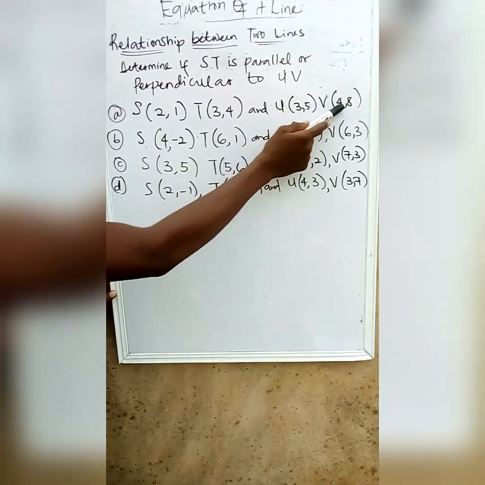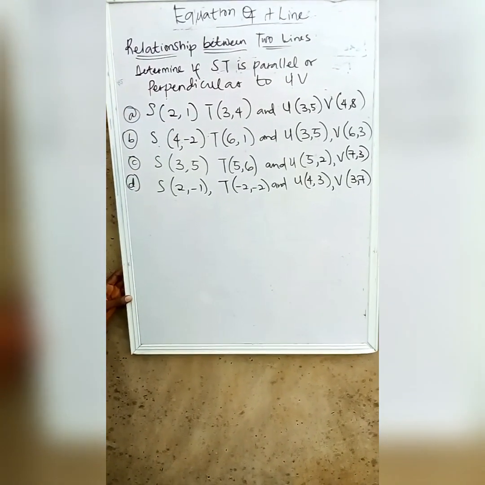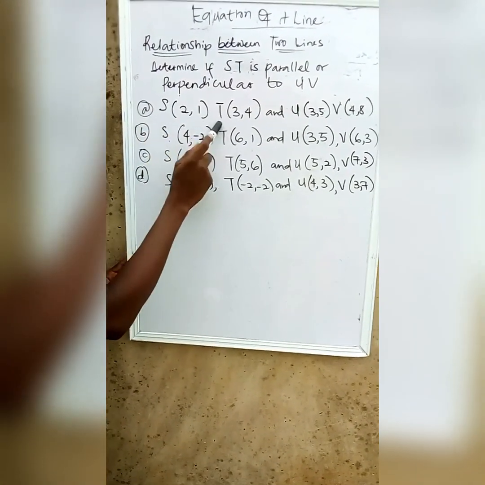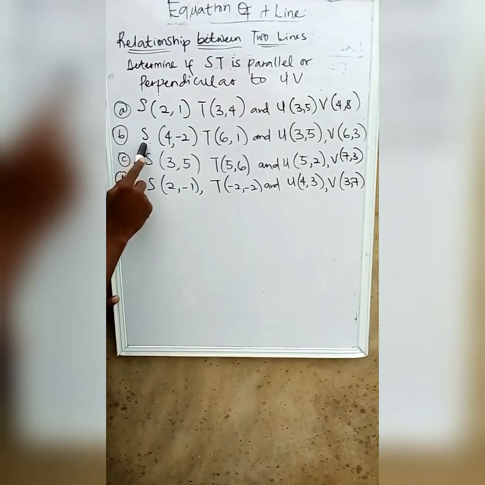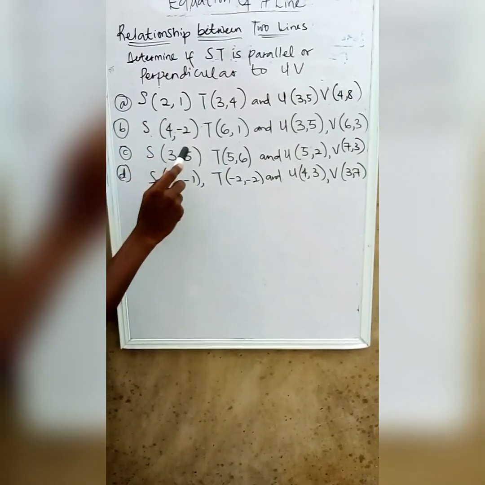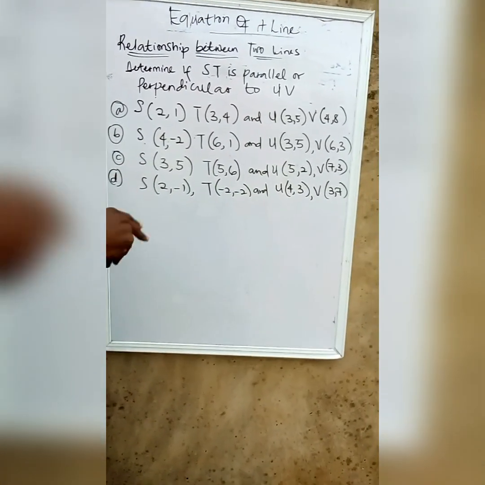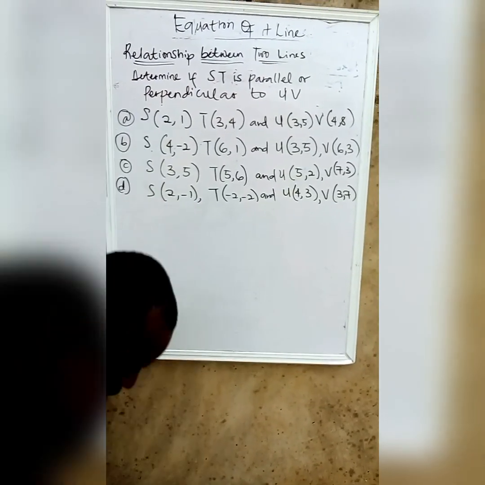Don't forget, the relationship between two lines is their gradient. So you need to find the gradient of ST and the gradient of UV. I'll do the first two. You do the C and the D. Don't forget to drop your answers in the comment section.